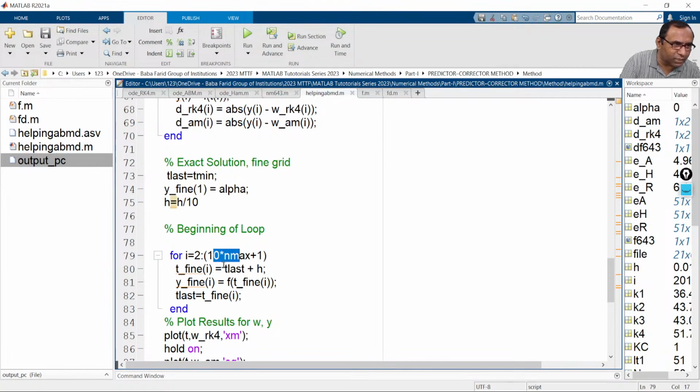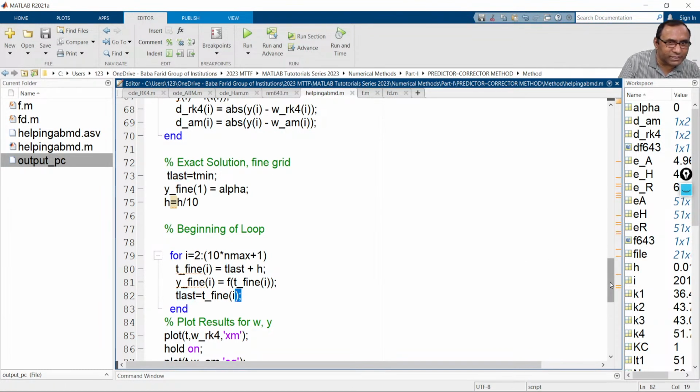This will create the loop for all the points, and this is the t fine and this is the y fine. These are the final values of ti, yi. y fine will be equal to f t fine. And t last is equal to t fine.